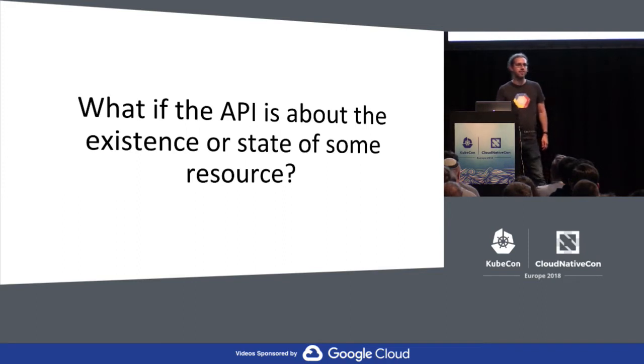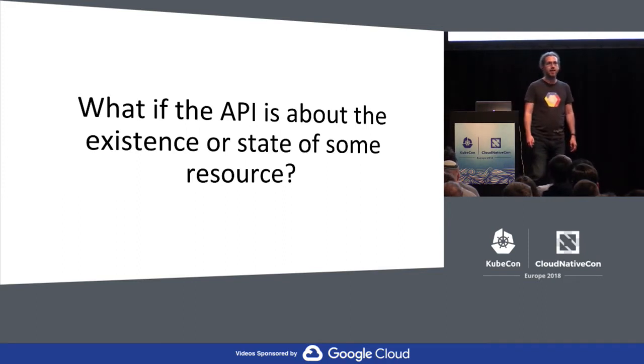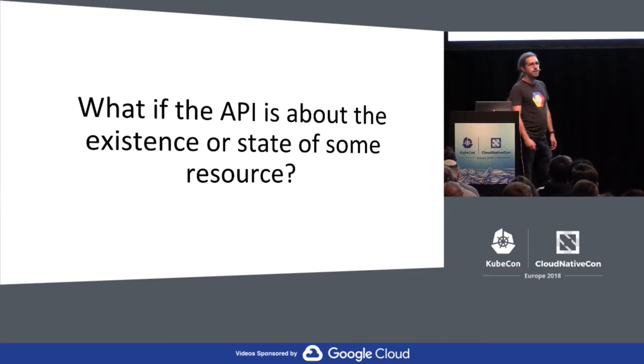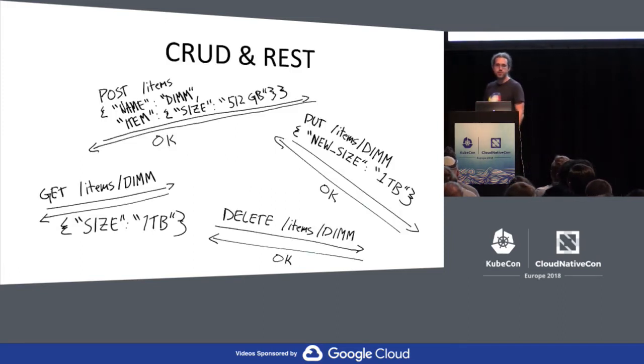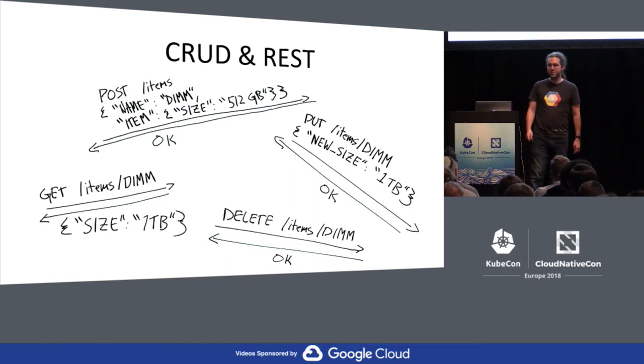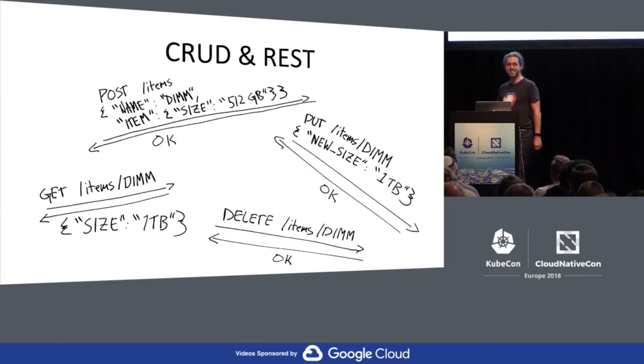So then you start to get smart, and you're like, well, what if my API is actually about the existence of some resource or its state, and I can model the resource as a first-class citizen. So then you come up with something like REST. For my purposes here, REST is this idea that your operation should match up with the HTTP verb that you're using.